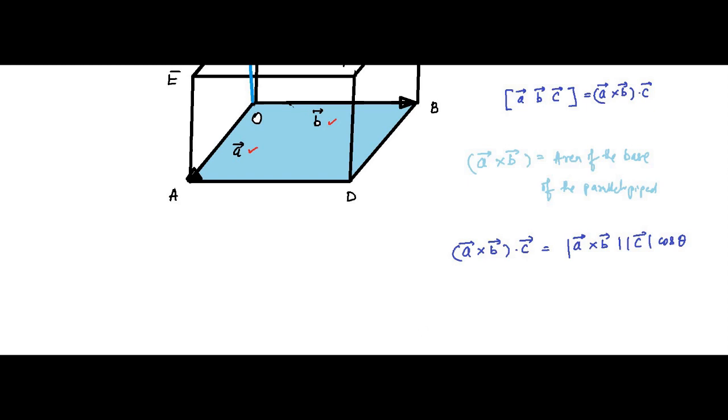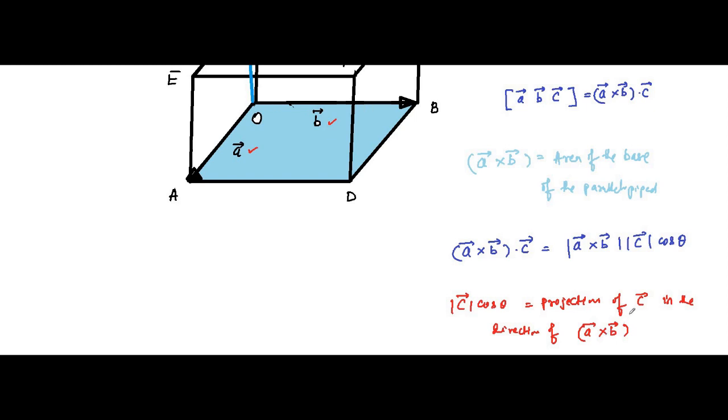So here C cos theta, okay, the modulus of C vector times cos theta, we can say is the projection of C vector in the direction or along A vector cross B vector, okay, which is the area vector or the area of the base of the parallelepiped.